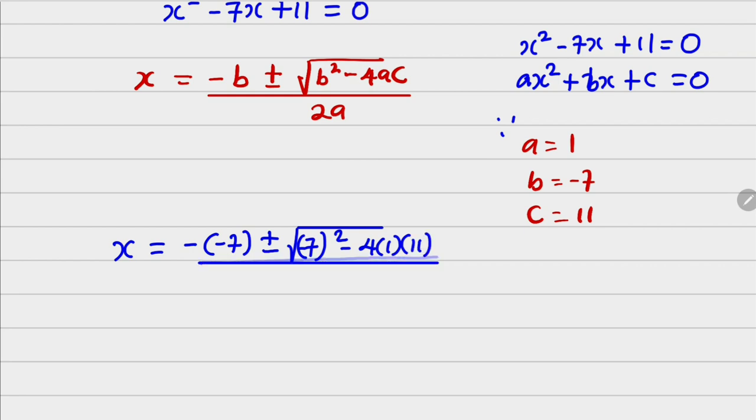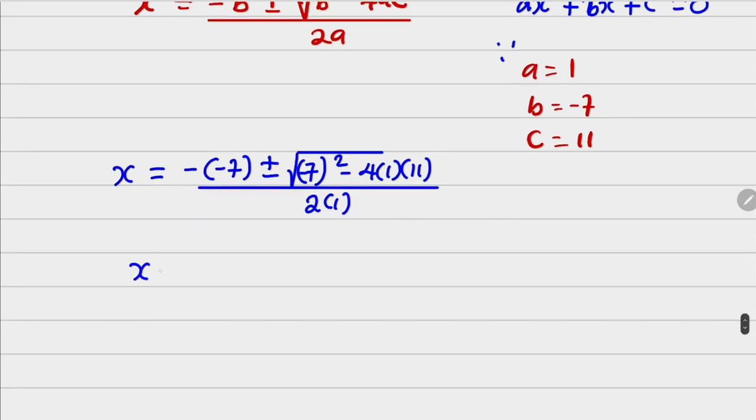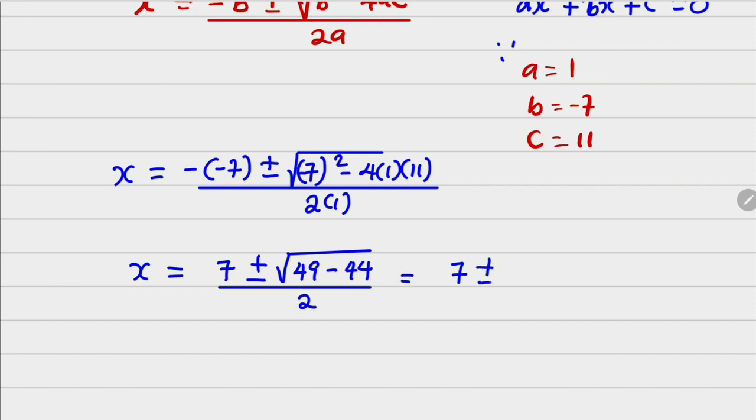Then everything here is all over 2 times 1 because a is 1. So x will now be 7 plus or minus the root of 49 minus 44, of course, all over 2, which will be the same as 7 plus or minus root of 5 all over 2.